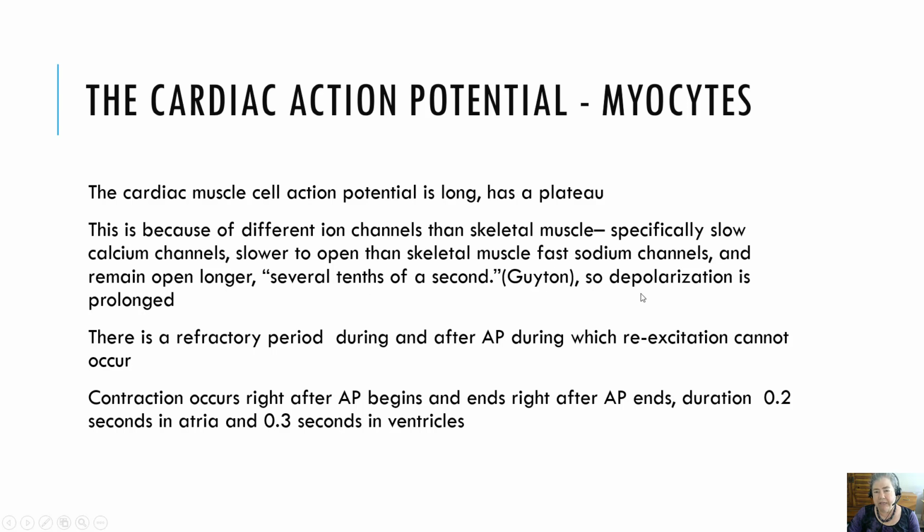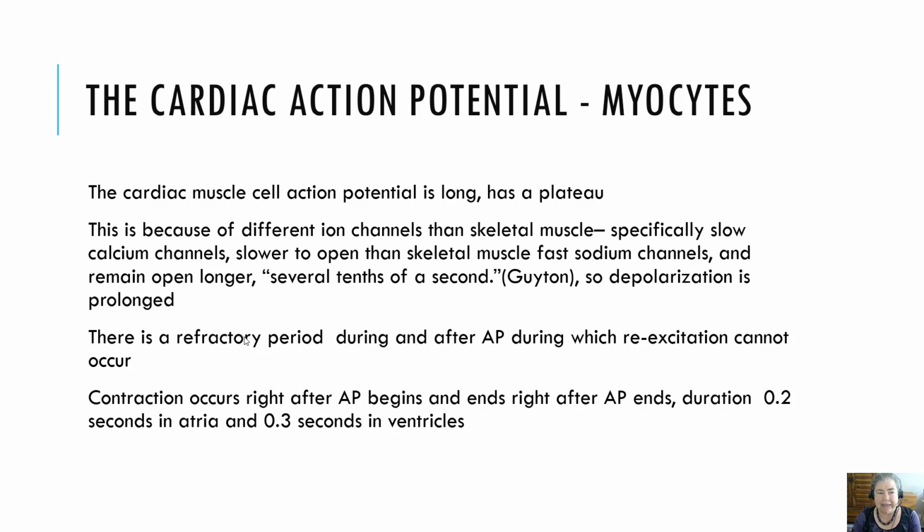And as with all cells that generate action potentials, there is a refractory period. So during an action potential and for some period of time after the action potential, you can't get another action potential. So you don't get what's called re-excitation.